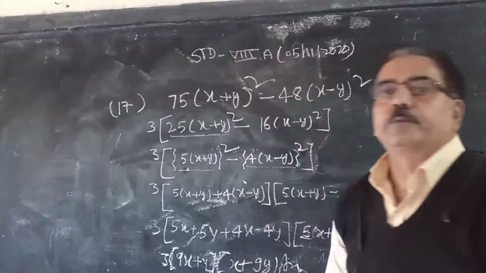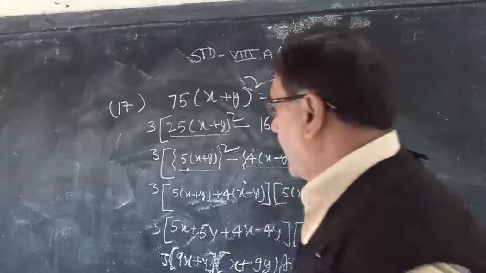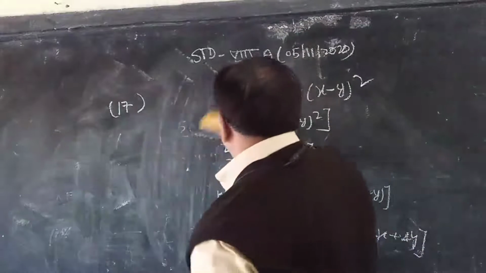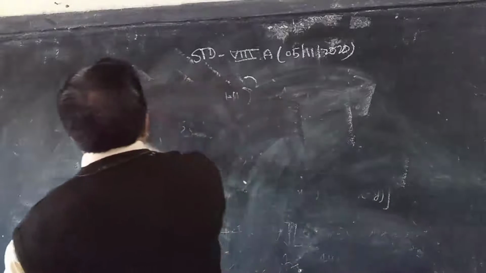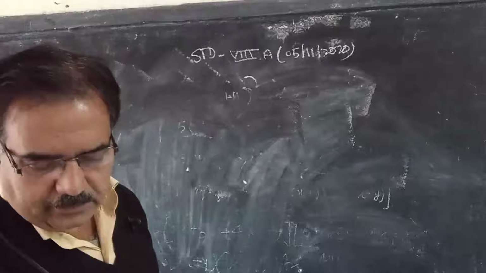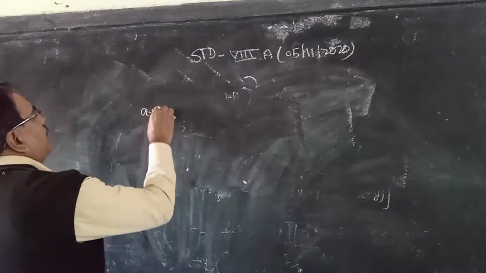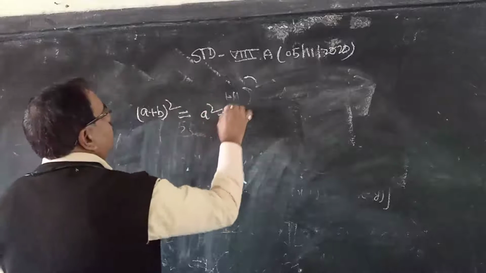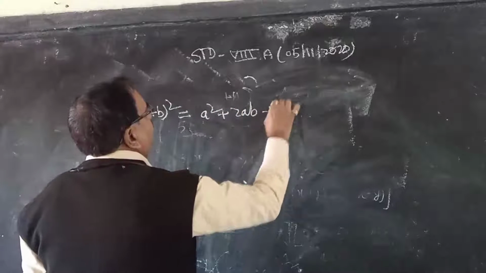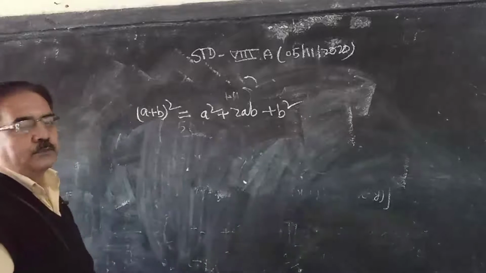So whenever the number is not a perfect square, first of all we take the common factor. Now see, very important: a plus b whole square is equal to a square plus 2ab plus b square. How does it come?